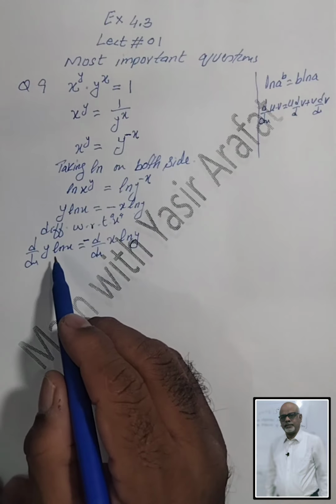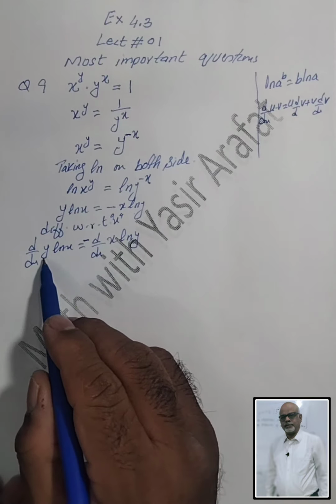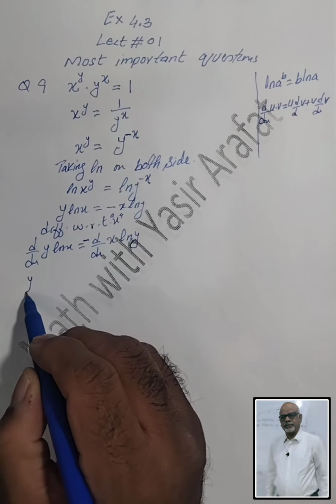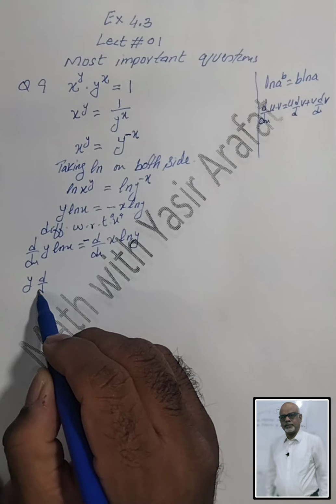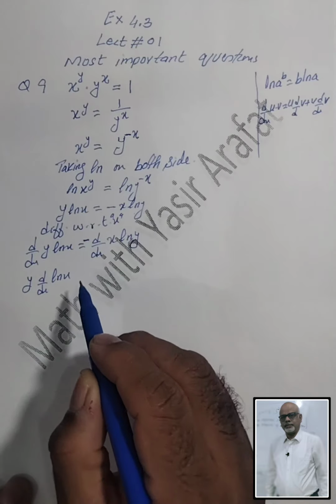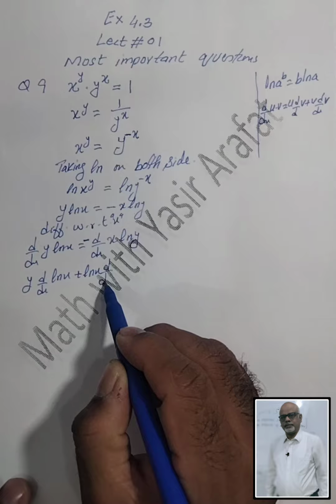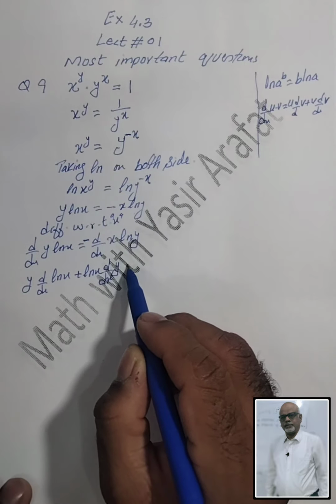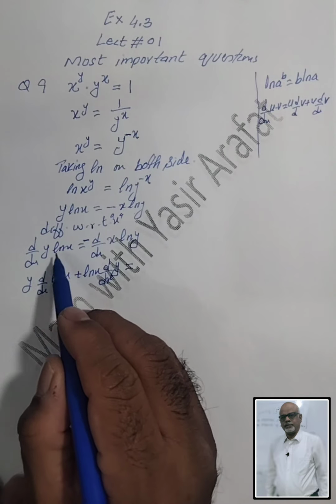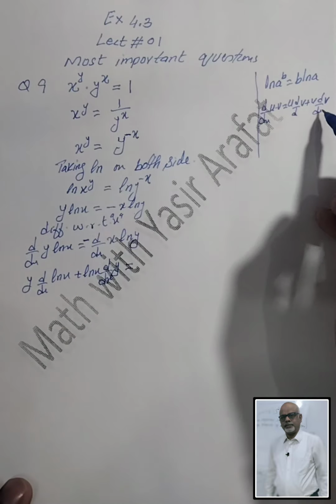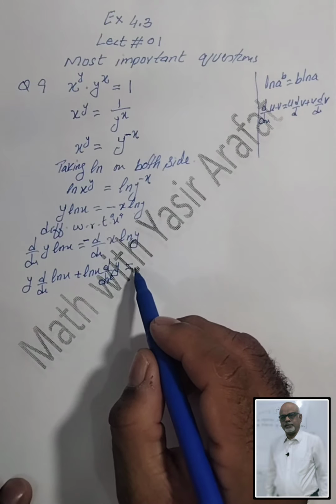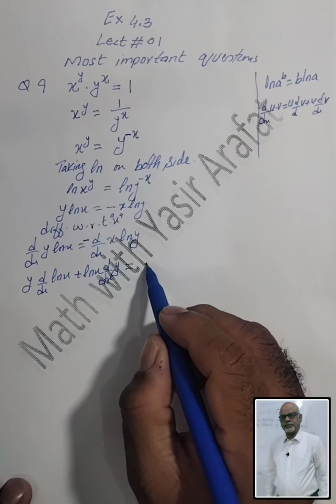Now here we have to apply the u into v formula. So u as it is, derivative of v plus v as it is, derivative of u. u is y and v is ln x, and we have to apply this product rule on the left hand side as well as on the right hand side.